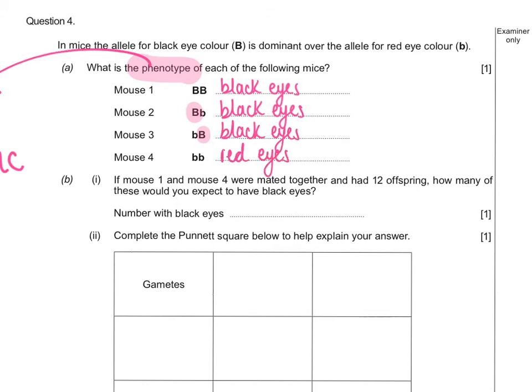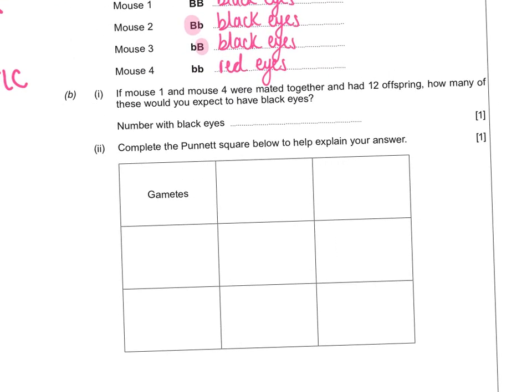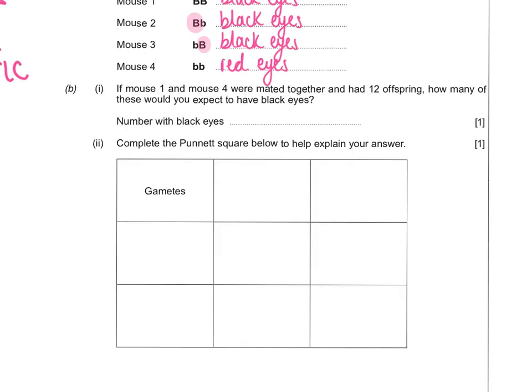And it says, if mouse 1 and 4 were mated together and had 12 offspring, how many of these would you expect to have black eyes? And it says, complete the Punnett square below to help you explain your answer. So I'm going to do that first. Mouse 1 was big B, big B, and mouse 4, no, little b, little b.